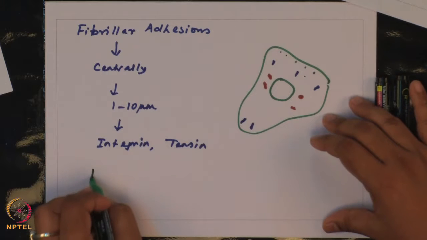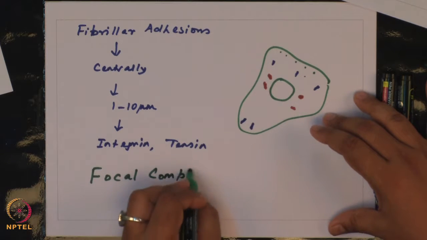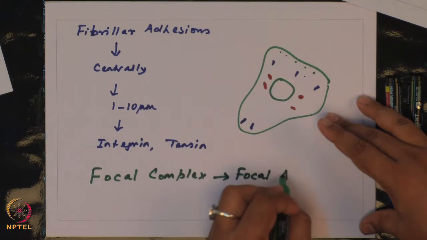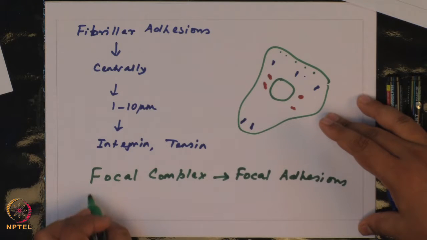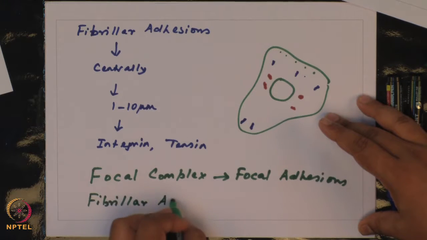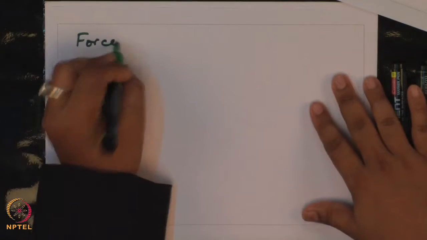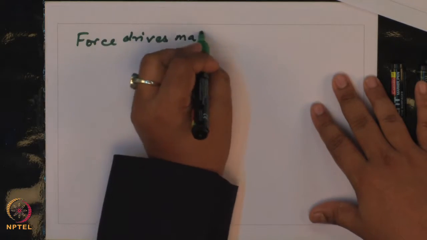So, focal complexes mature into focal adhesions at the cell periphery, and these become fibrillar adhesions at the cell center. So, what drives this transition? It is force. Force drives maturation of focal adhesions.